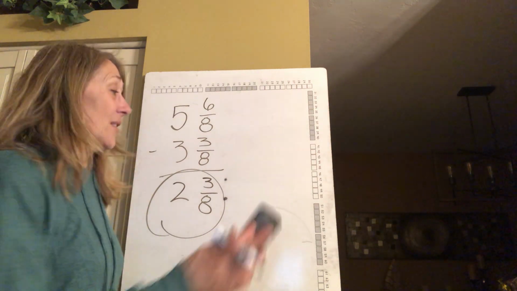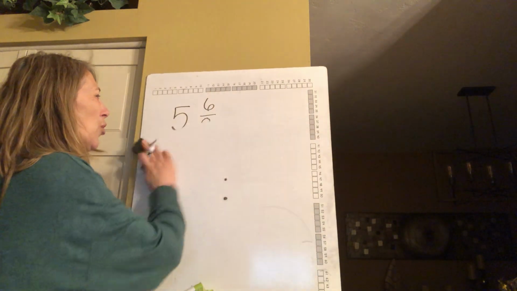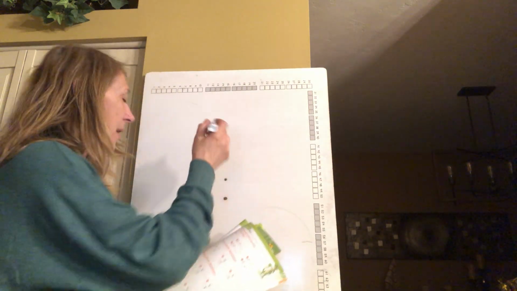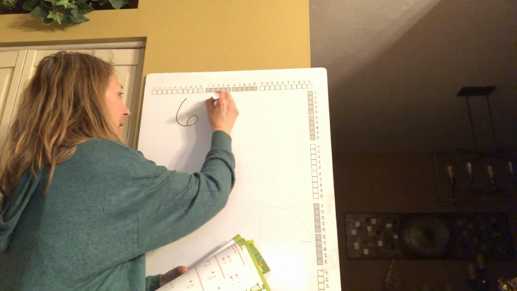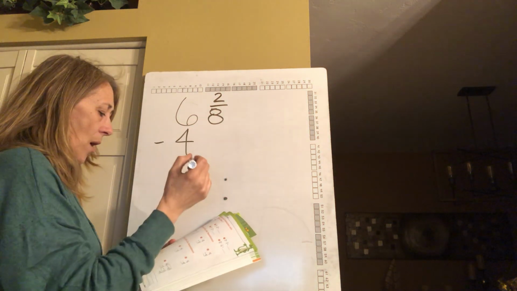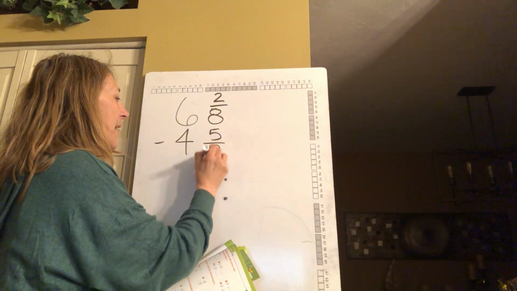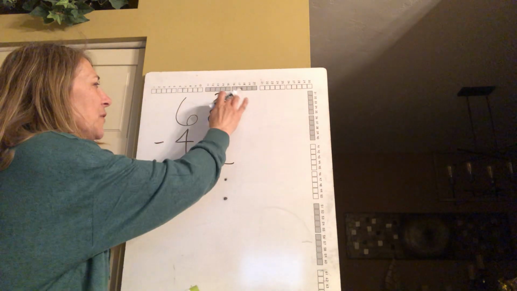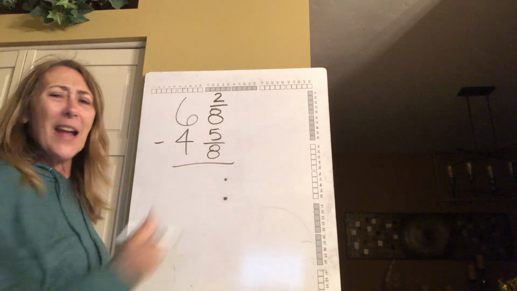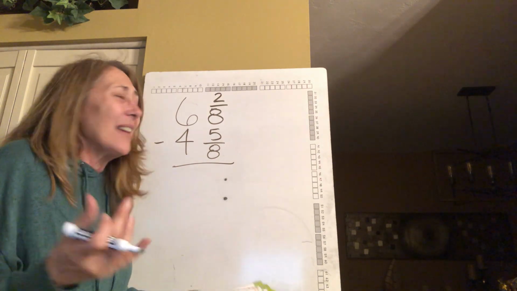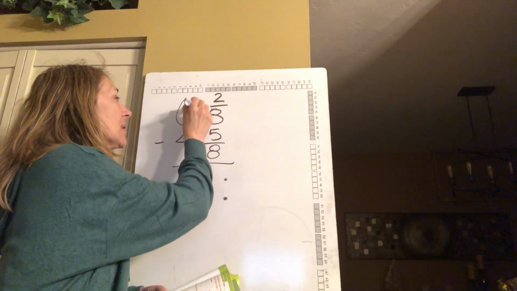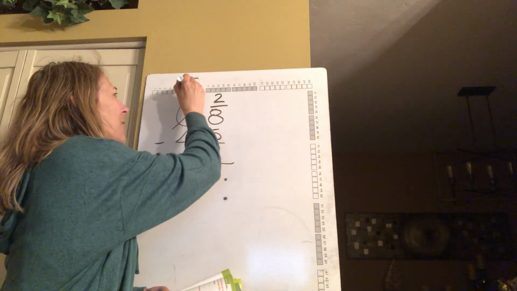The next one is going to be a little bit different. We're going to have to do some regrouping. So pay close attention to number 12 in your book. 6 2/8 minus 4 5/8. So I have 2/8 and I'm taking 5/8 away. That's almost like 2 minus 5. Can't do it. So I need to get some more eighths. So I'm going over to my whole numbers. 1 less than 6 is 5.